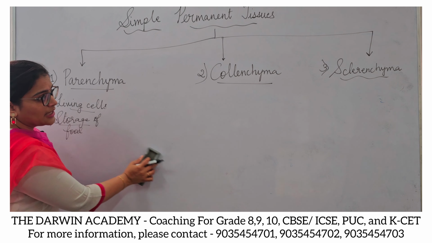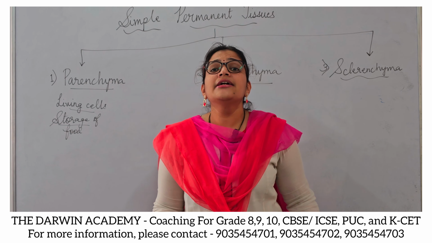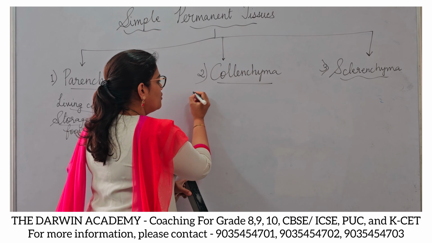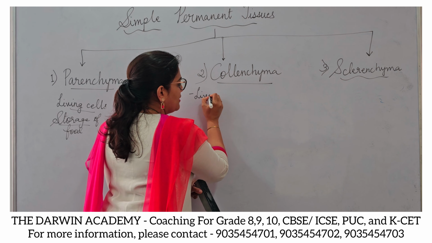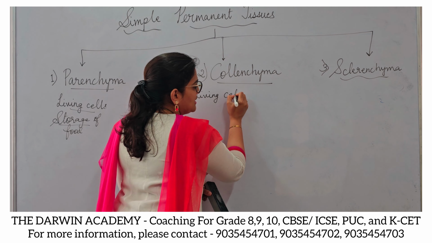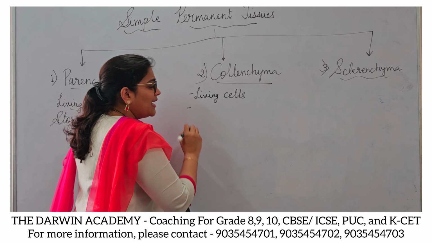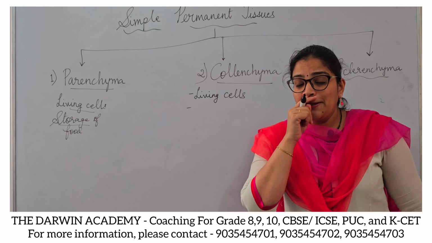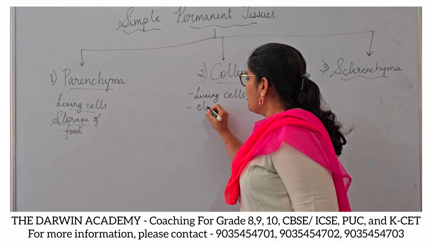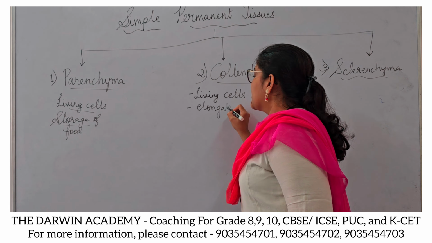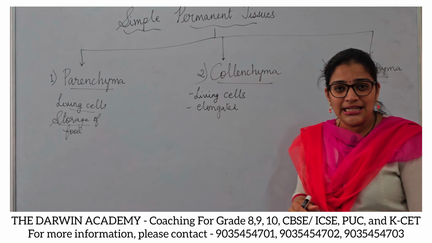With this, we have completed parenchyma, and we will be moving into the next type, that is collenchyma. Collenchyma also consists of living cells. But the major difference here is these cells are slightly elongated when compared to the parenchyma cells.